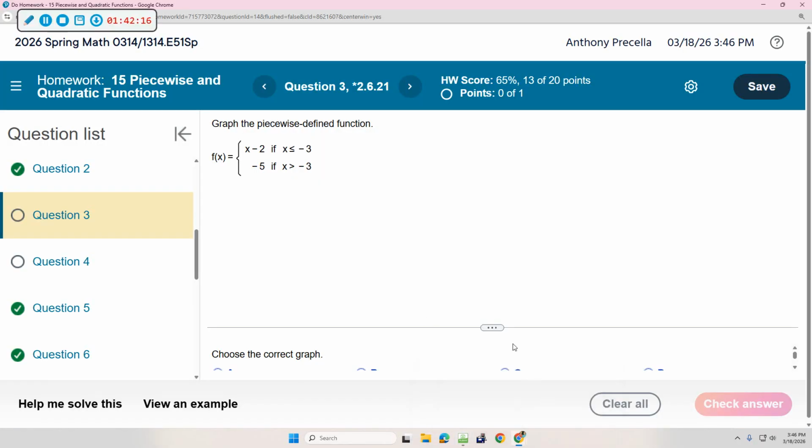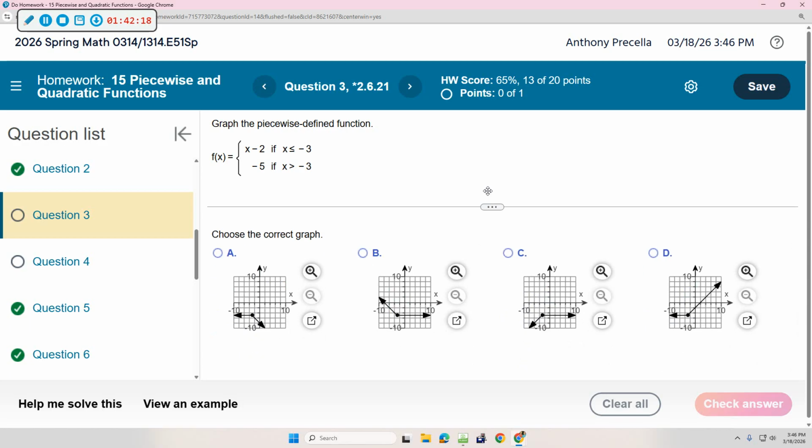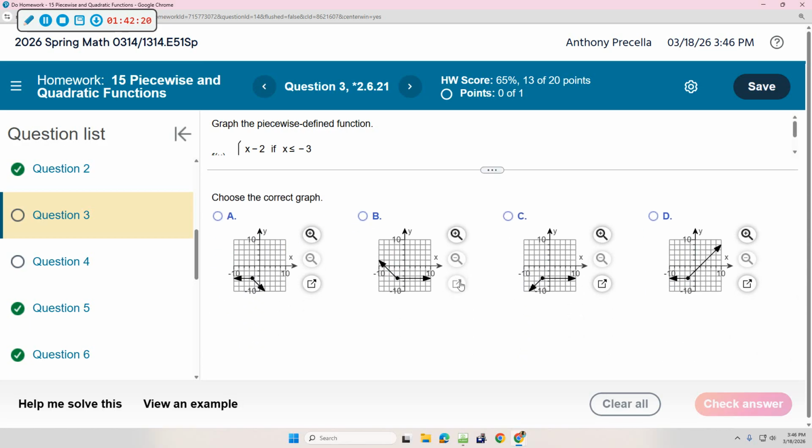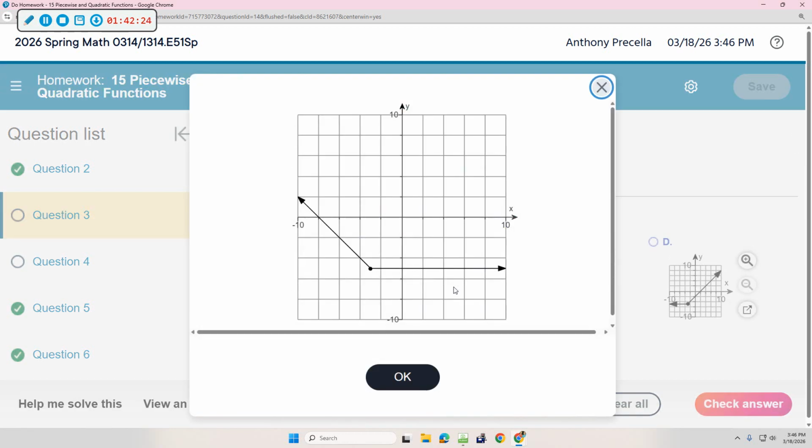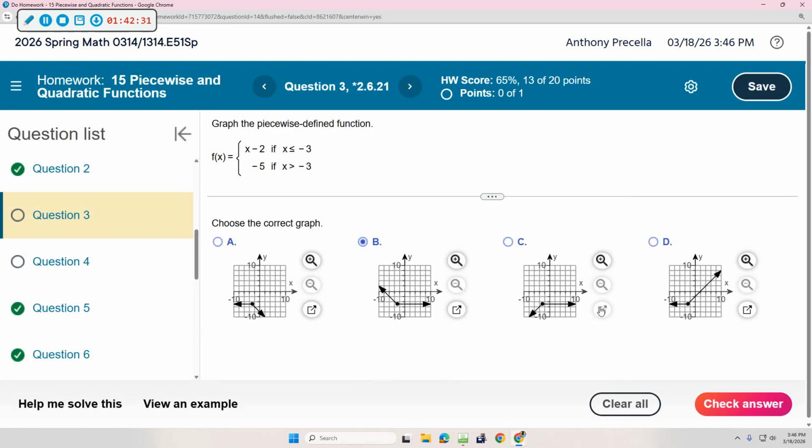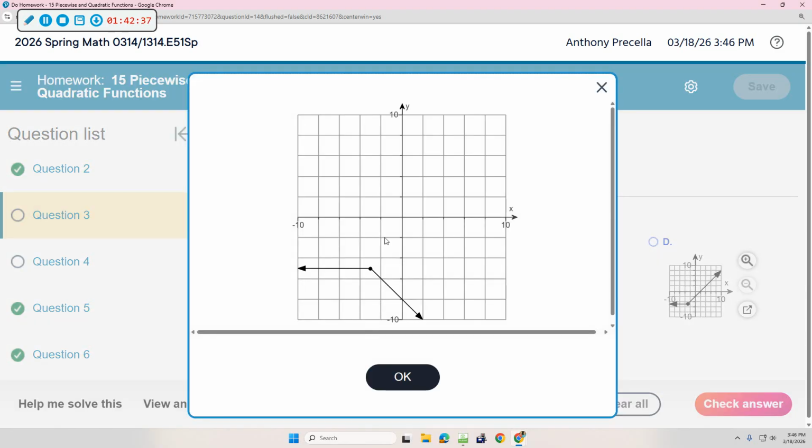Let's see these choices. If you have an open and a closed circle at the same spot, you have a closed circle on the graph. It's not B. What about C? Is it C? Oh, what about A? Why do you skip past A? Is it A?